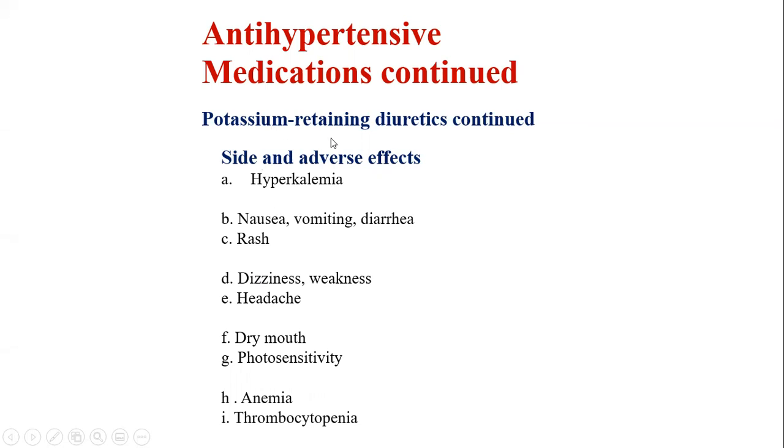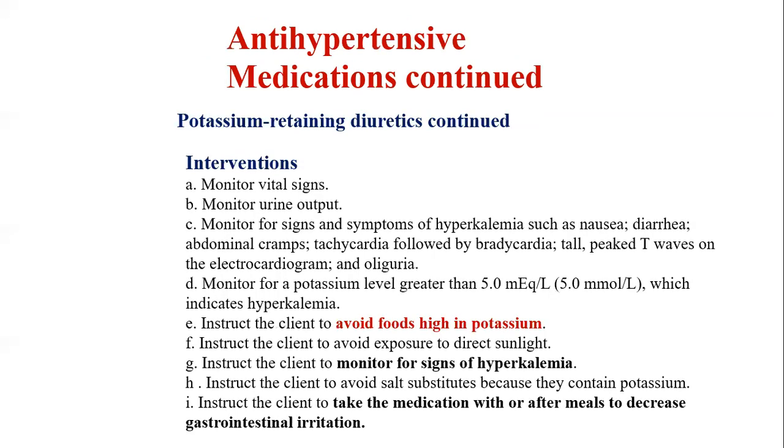Potassium-sparing or retaining diuretics can cause hyperkalemia, constipation, menstrual irregularities in females, and muscle cramping. So it is important to monitor electrolytes because they tend to increase the potassium level. Educate your patient to decrease potassium in the diet.